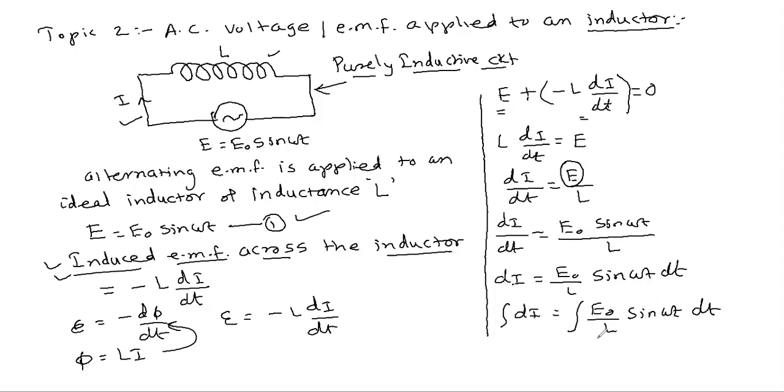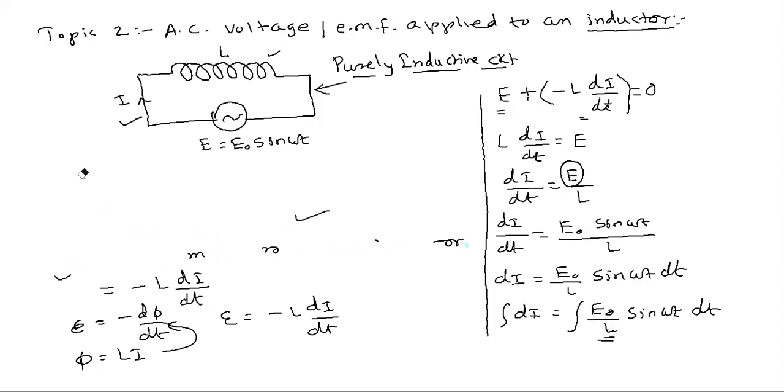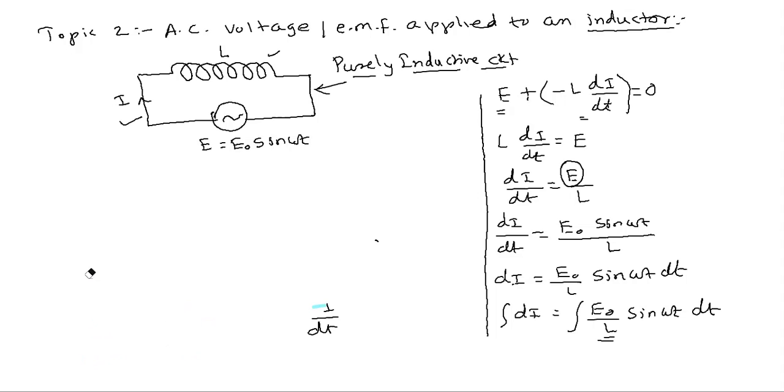Take out E naught upon L across the integration, and this equation takes the new form: I is equal to E naught upon L integration of sine of omega t dt.